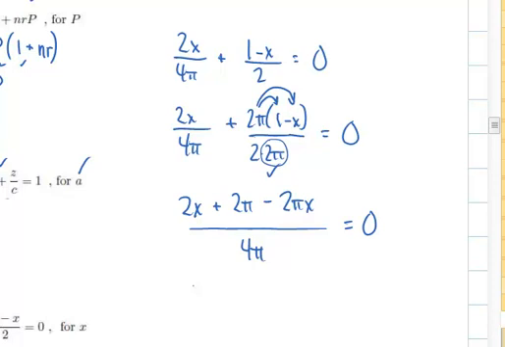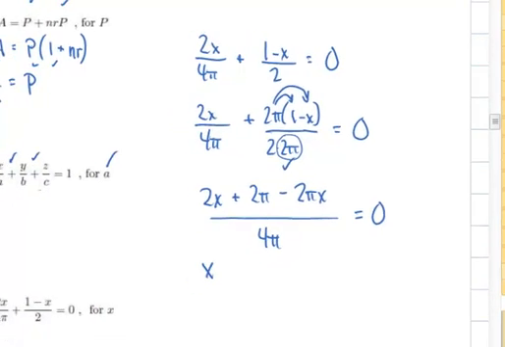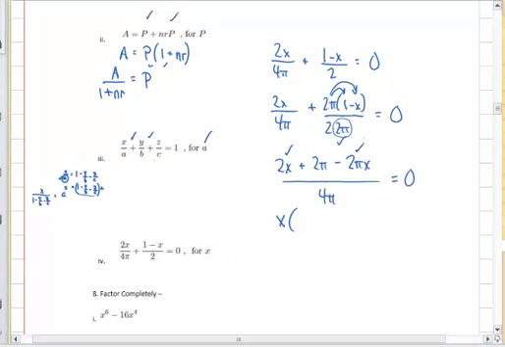I'm going to factor an x out of the first term and the last term, so I'll have x, and that'll be 2 minus 2 pi. Okay, plus 2 pi, that's this term. That's all going to be over 4 pi.